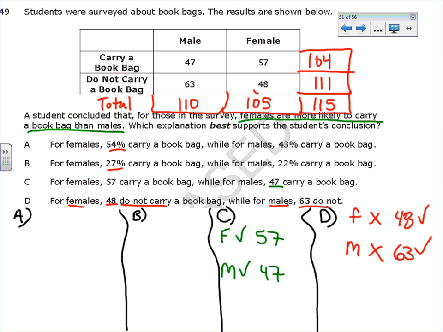B says for females 27% carry a book bag. That means out of all the females, 27% are carrying book bags. That means my total count needs to be total females, and however many carry a book bag. So carry a book bag is 57.